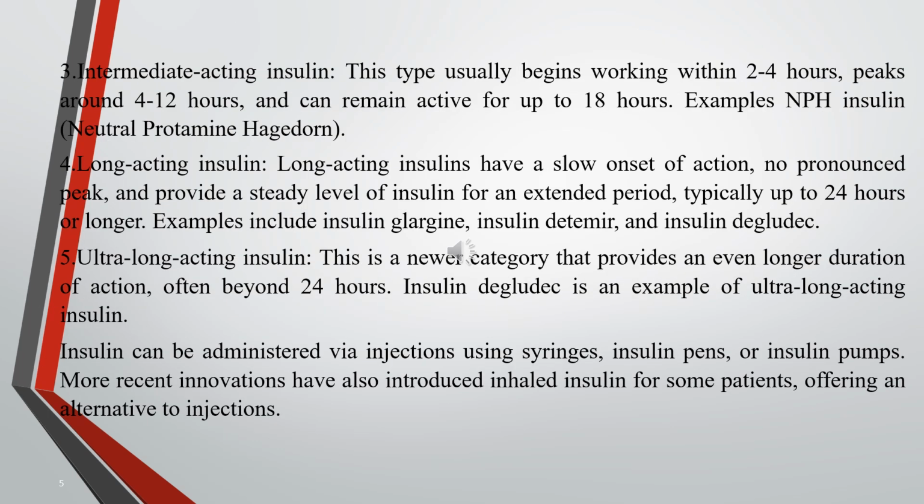The third one is intermediate acting insulin. This type usually begins working within 2 to 4 hours, peaks around 4 to 12 hours, and can remain active for up to 18 hours.